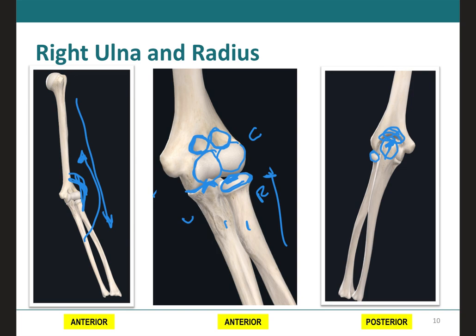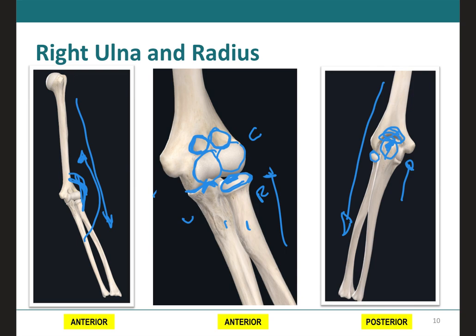And this articulation of the olecranon fossa with the olecranon process only occurs when the forearm is extended, or your elbow is extended. When your elbow is flexed, then the olecranon actually comes out of the fossa. If you guys right now flex your elbow, you're going to feel this big bump on the outside.